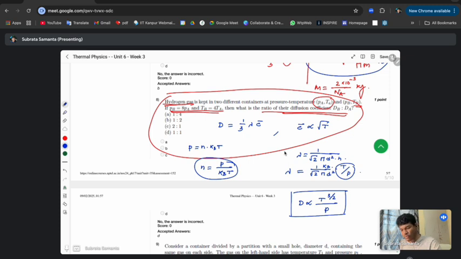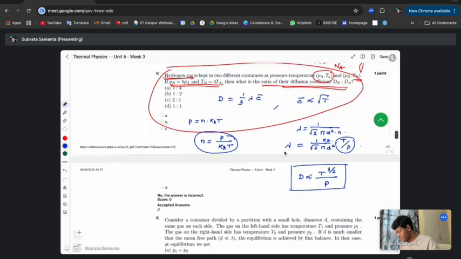So this is how the diffusion coefficient varies with temperature and pressure, which is needed to solve this problem. Once you know this, you just take the ratio.